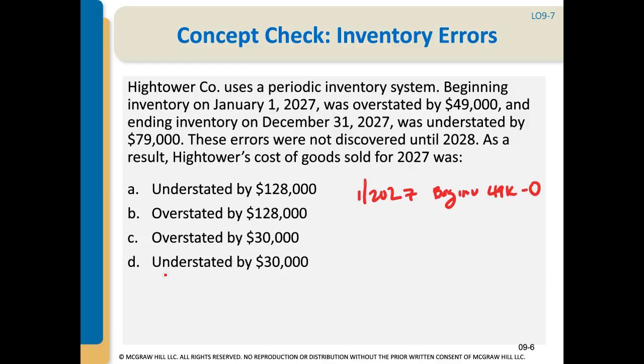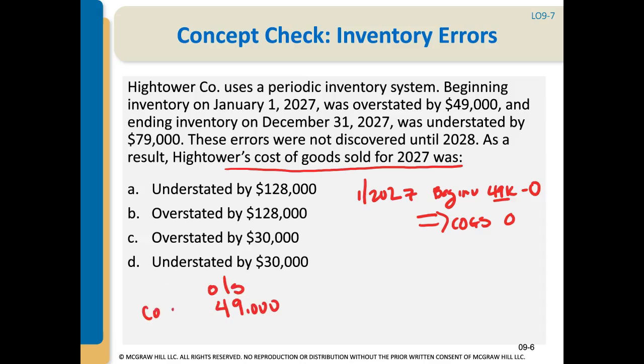And the question asks, as a result, Hightower's cost of goods sold for 2027 was what? Well, we know if our beginning inventory was overstated for 2027, then our cost of goods sold has the same impact. It's going to be overstated by the same amount. So right now we have a $49,000 overstatement for cost of goods sold.